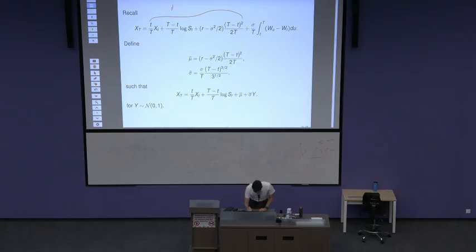I mean, it's not deterministic, but deterministic is maybe too strong. It's known at time t, right? This value. Known at time t.